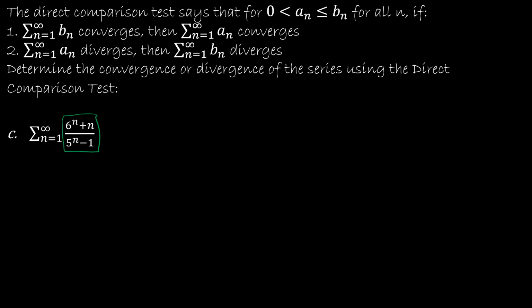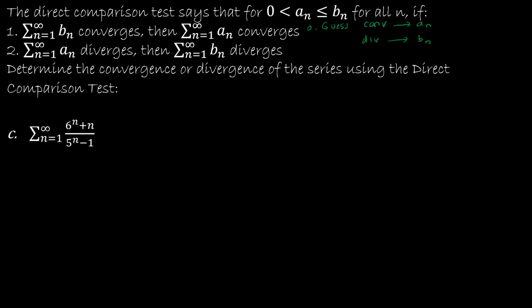Now, again, step 0 is to make a guess. And if my guess is convergence, then I'm going to set my function to be a sub n. And if my guess is divergence, I'm going to set my function to be d sub n, or b sub n.